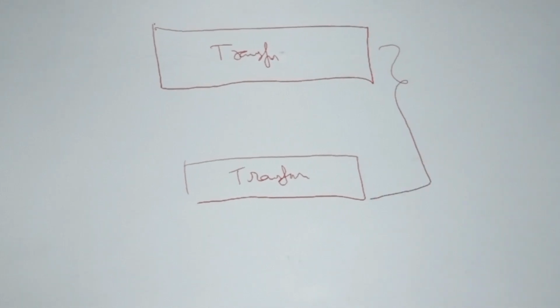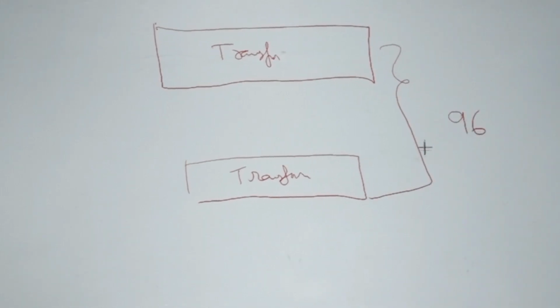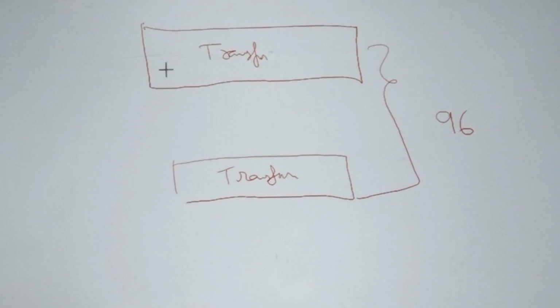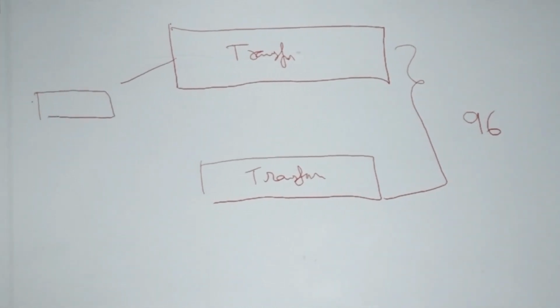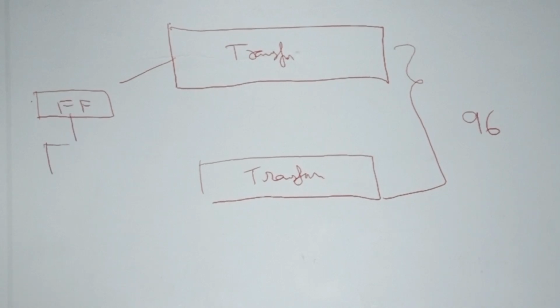As I said, there are 96 of these in GPT-3, and each transformer consists of two significant parts. One is a feed forward, and below that is the MHA, the multi-headed attention. And you have layers of this.